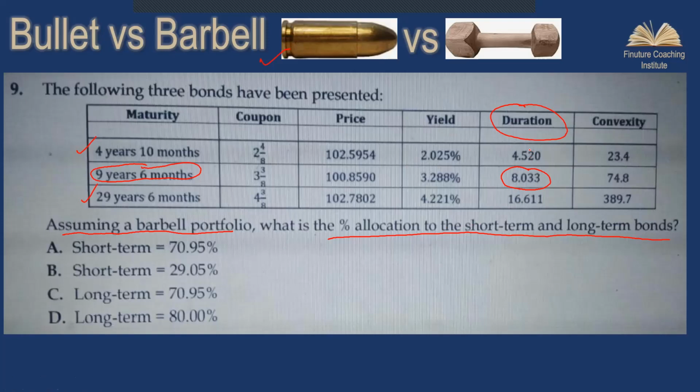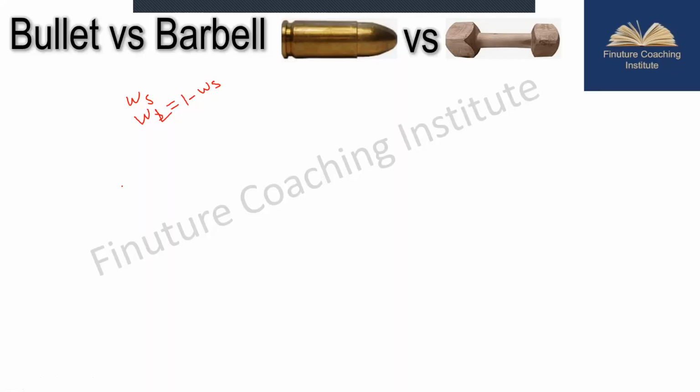So let me write the mathematical equation: WS times the duration of the short-end bond, plus (1 minus WS), that is whatever portion remains after what you already invested, times the duration of the long-end bond, which must be equal to 8.033. So let me write the equation and solve it for you.